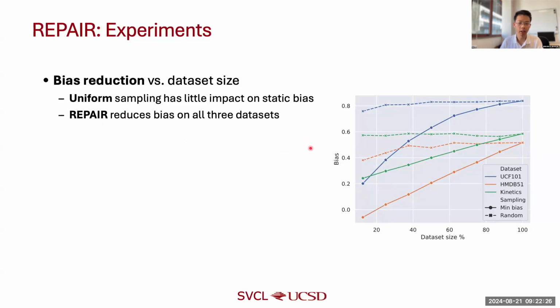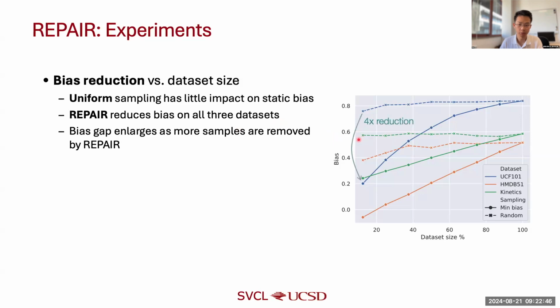In comparison, our adversarial sampling, or REPAIR sampling in solid lines, can reduce bias on all 3 datasets. And the gap between that and the uniform sampling is much larger when more samples are removed in the sampling process. So in the case of UCF101, we see a 4 times bias reduction versus random sampling.